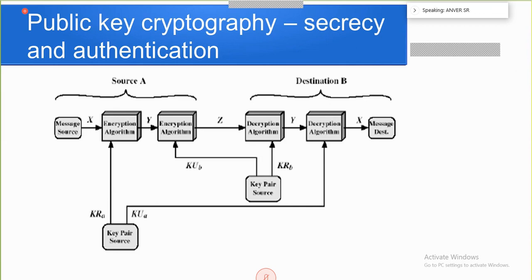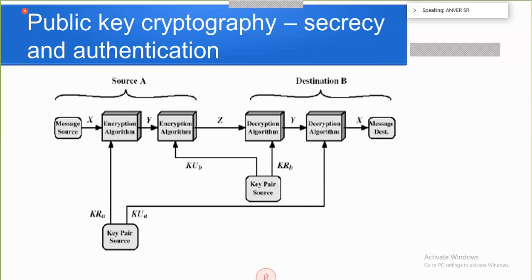The encryption algorithm is applied twice. First it is signing. Signing means first it is encrypted using the private key of the sender, and then it can be decrypted using the sender's public key.